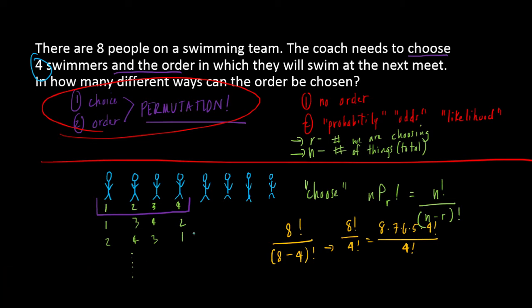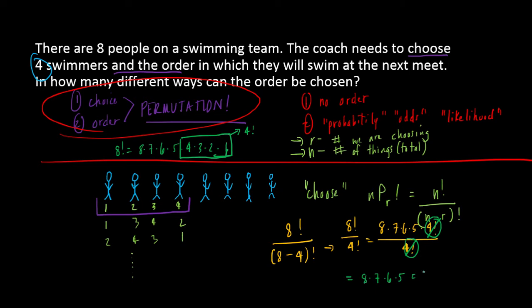Because 8 factorial equals 8 times 7 times 6 times 5 times 4 times 3 times 2 times 1, and that last piece, 4 times 3 times 2 times 1, is 4 factorial. So rather than wasting all that paper and time writing the full thing out, notice these little shortcuts. I write this as 8 times 7 times 6 times 5 times 4 factorial over 4 factorial. Obviously my 4 factorials cancel out, and I'm left with 8 times 7 times 6 times 5.